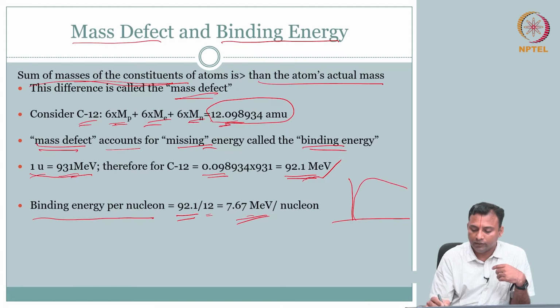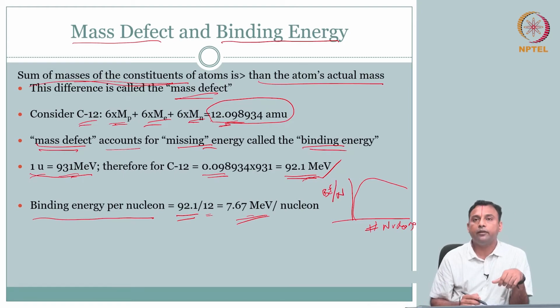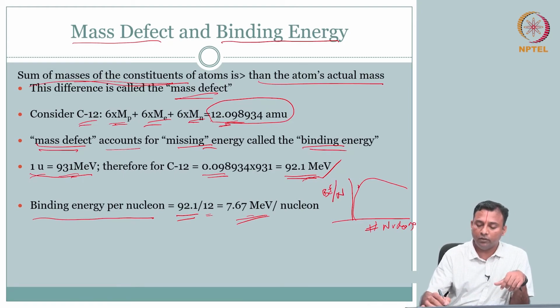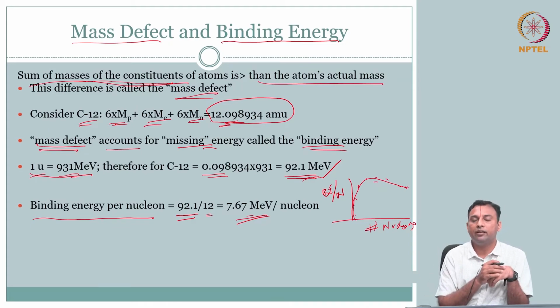So essentially you will notice a behavior like this, with this being your number of nucleons, and this your binding energy per nucleon. You will have several elements. This is a behavior that this depicts.